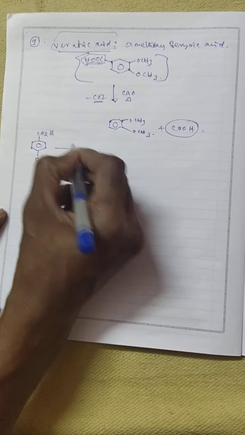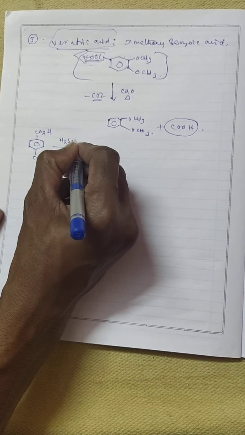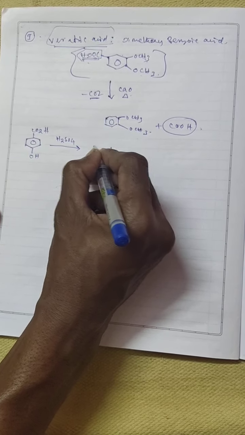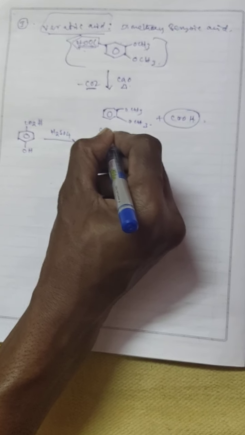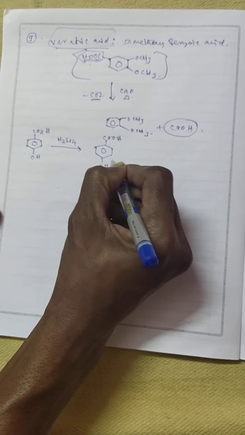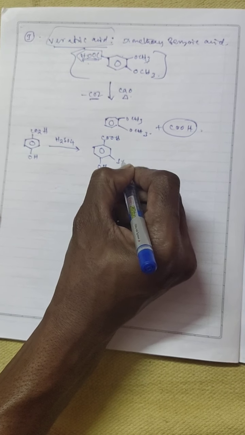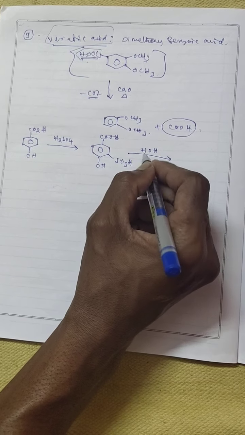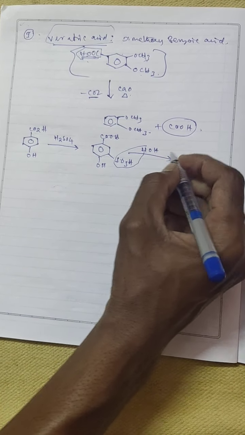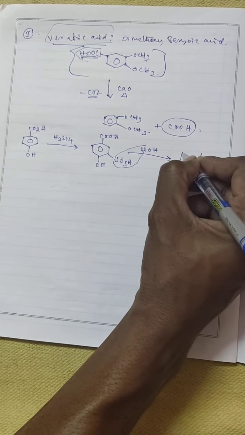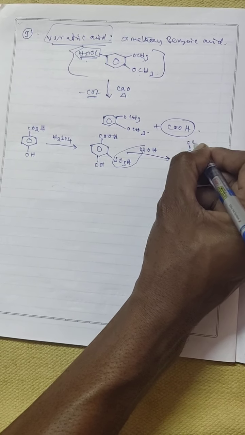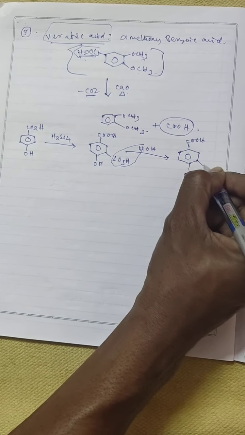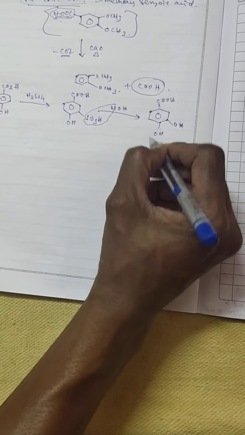So this is the first starting material. On sulfonation it forms the OH sulfonic acid, SO3H. Next, when treated with water, the removal of sulfuric acid forms the diol.